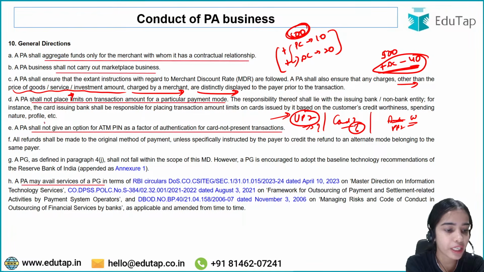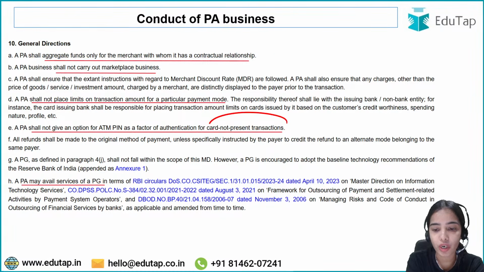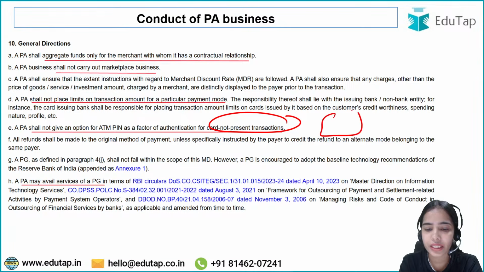The payment aggregator shall not give an option for ATM pin. Usually when card not present transactions are happening, this we have discussed in the last session. The card not present transaction basically means that you are putting in the card details in a digital manner. The card is not present at the merchant location.